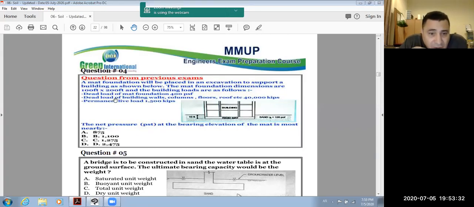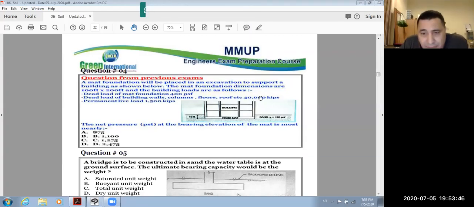A dead load of the building's walls, columns, all the dead loads given to you as loads is equal to 40,000 kips. Is this load or pressure?